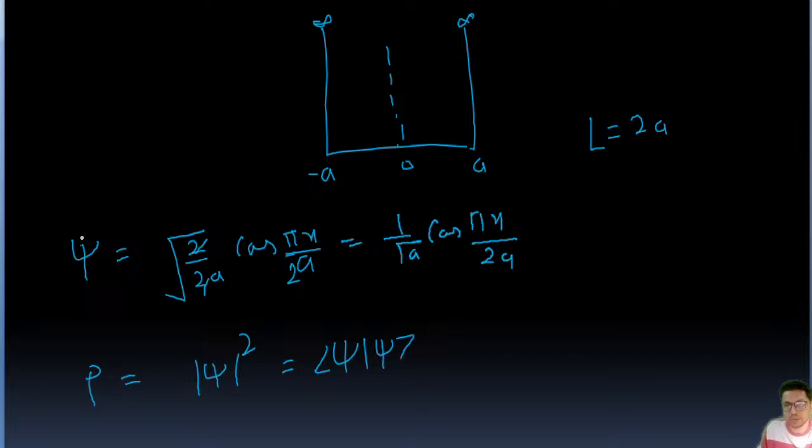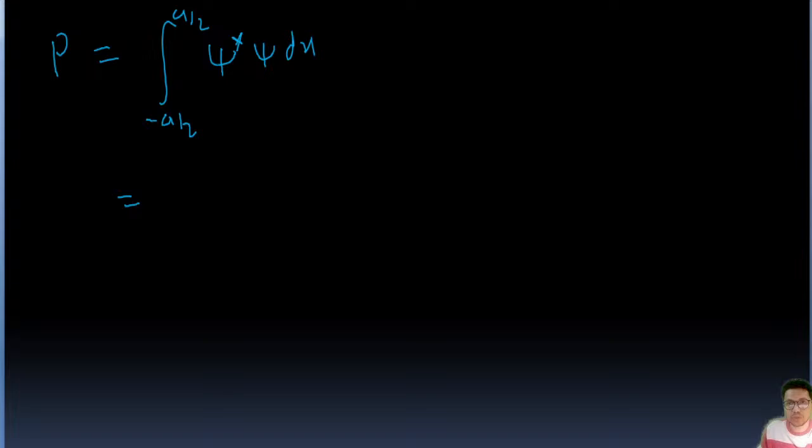So we can write integration from minus a by 2 to plus a by 2 of 1 upon a, because 1 upon root a times 1 upon root a is 1 upon a, and this is cos square of pi x upon 2a.